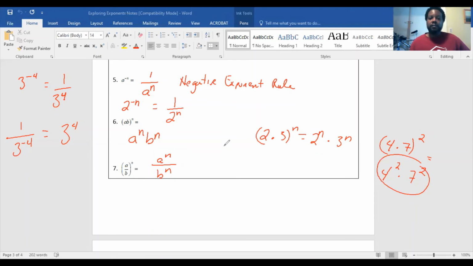Replacing it with numbers, if I have 2/3 to the n, it is the same as 2 to the n over 3 to the n. Let's say I have 3/4 raised to the second power, that is the same as 3 squared over 4 squared.